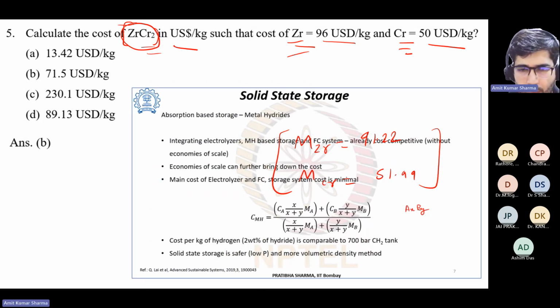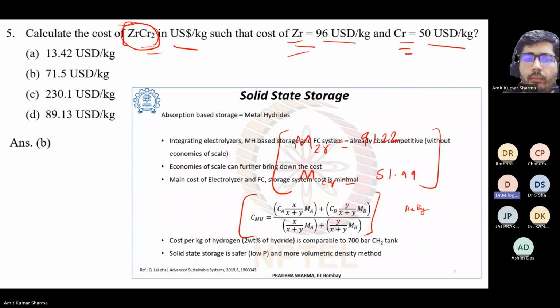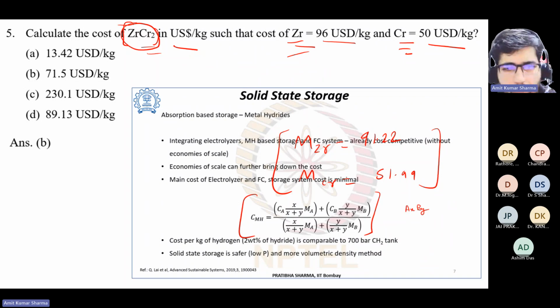So let me give you the formula. So this is the formula: CA x upon x plus y, MA, plus CB y upon x plus y, MB. For the metal hydride AxBy, in our case A is zirconium, B is chromium.